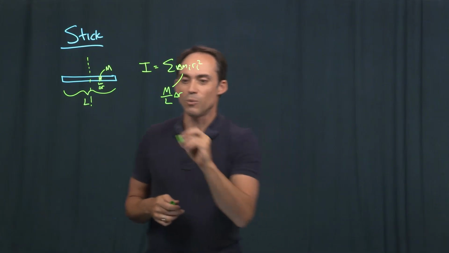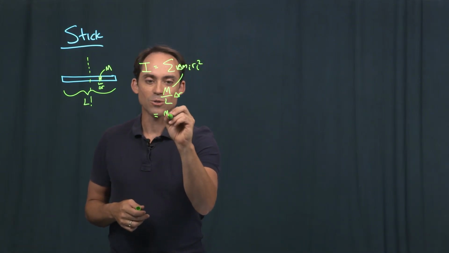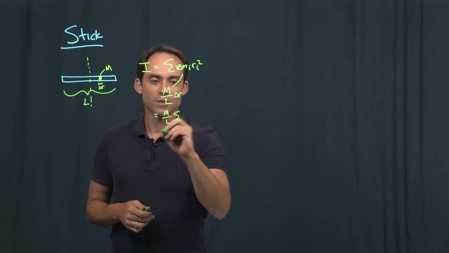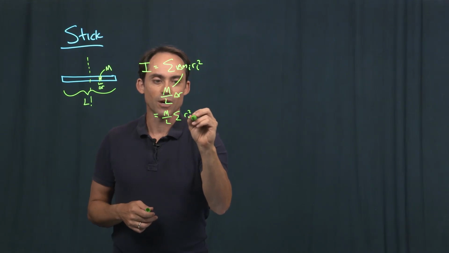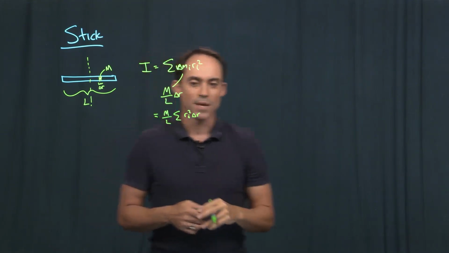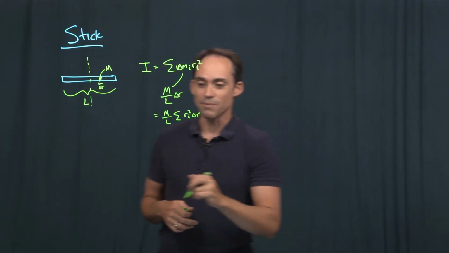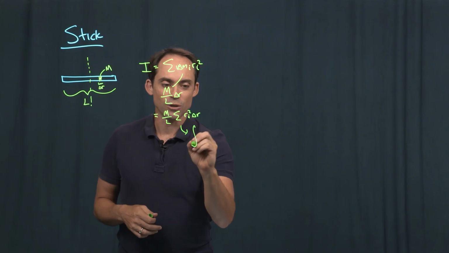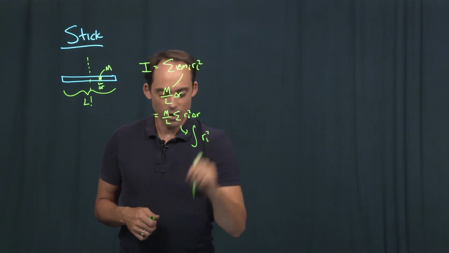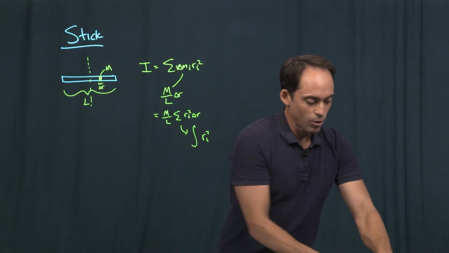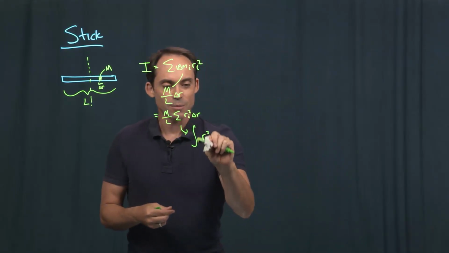Okay, so we get out mass over length times a sum of ri squared times delta r, and you see again we have something that we can turn into an integral very easily. We don't need the i anymore because we're turning it into an integral. We're getting rid of the summation.